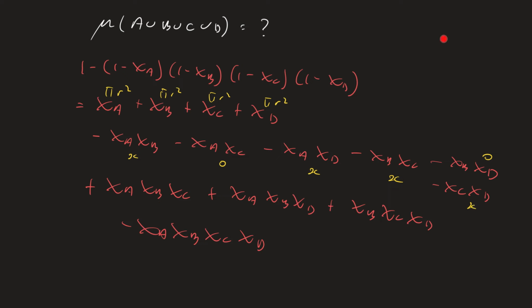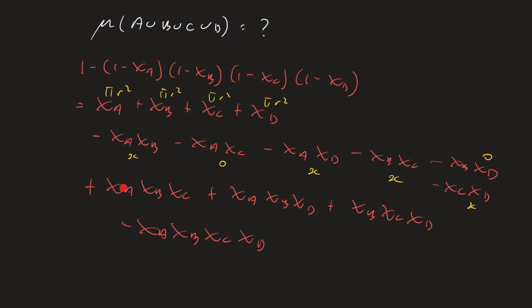Here I'm assuming the circles are labelled clockwise, A, B, C, D. So A and B intersect. A and C do not, they're diagonally opposite. A and D intersect. B and C intersect. B and D are diagonal and do not intersect, and C and D intersect. So at this stage we have got 4 times pi r squared minus 4 times x.